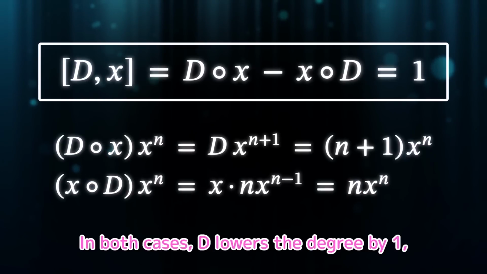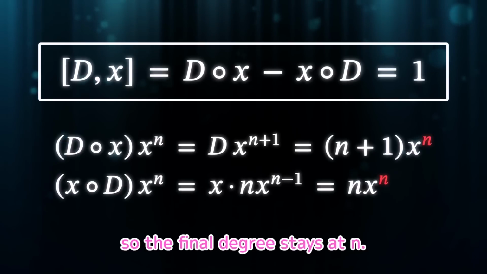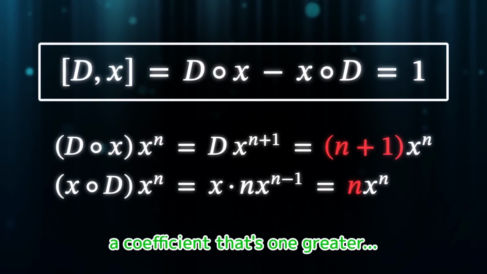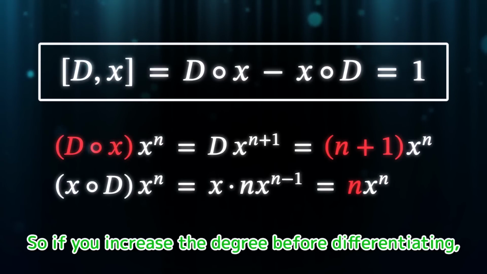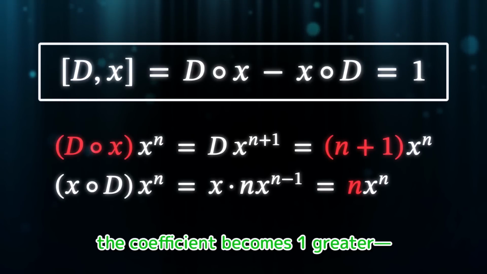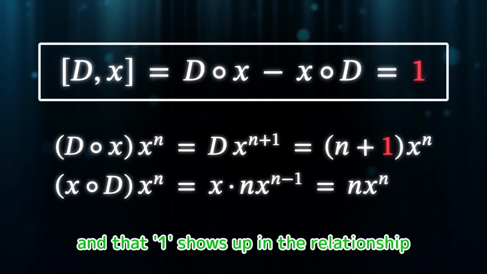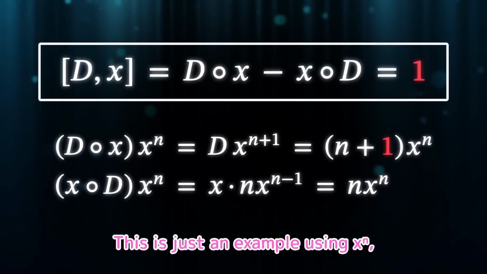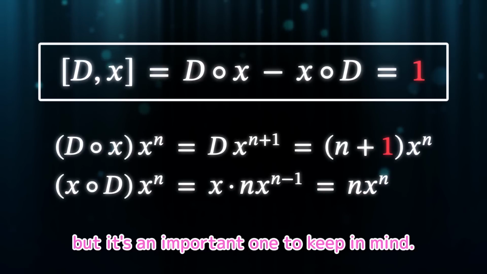In both cases, d lowers the degree by 1 and x raises it by 1, so the final degree stays at n. This is a fascinating result. Comparing them, the first case gives a coefficient that's 1 greater. So if you increase the degree before differentiating, the coefficient becomes 1 greater. And that 1 shows up in the relationship between differentiation and the variable. This is just an example using x to the n, but it's an important one to keep in mind.